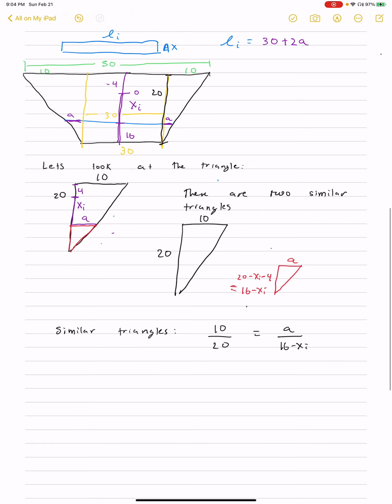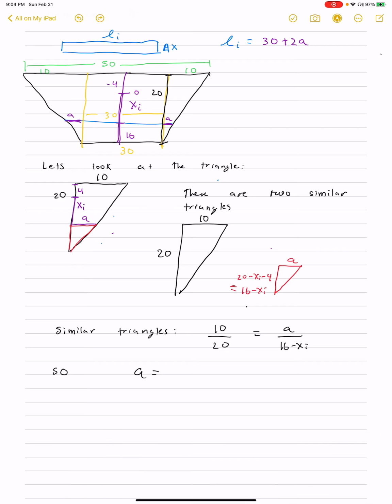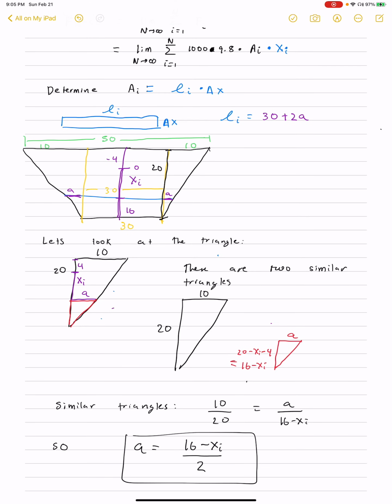Our goal is to eliminate the unknown A. So we can solve for A. This is going to be, excuse me, A is equal to 16 minus x sub i divided by 2. That's our equation for A. So now I can take that and I can plug it in for the length.